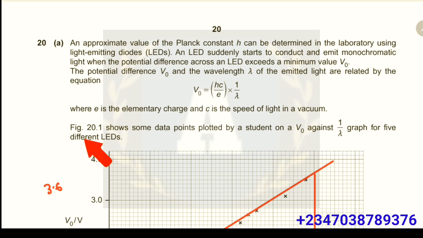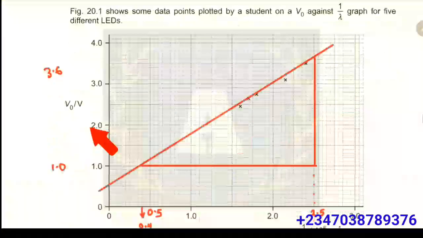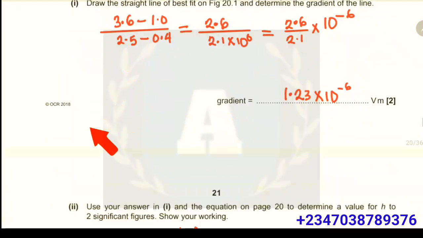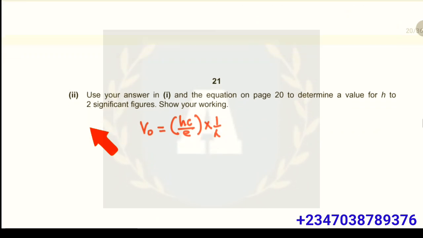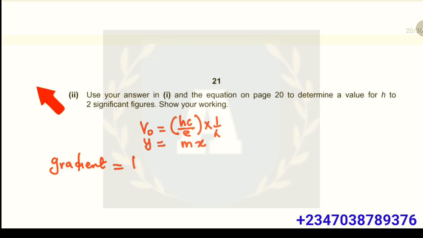Okay, so when we compare this with the equation of a linear graph, this happens to be our gradient. When we compare this, y equals mx. The y-axis we plotted V naught, the x-axis we plotted 1 over lambda. So our gradient therefore is equal to hc over e.